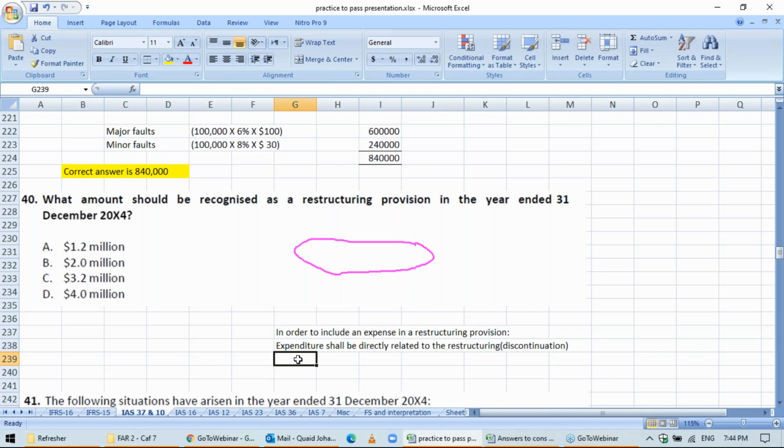So expenditure shall be connected to discontinuing something. Plus, and means both conditions should be present. If only one condition is present, you won't include that expenditure in the restructuring provision. The second one is shall not be connected to continuation.